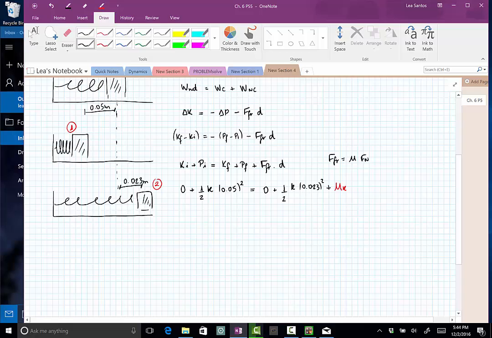In this problem, we are on a horizontal surface. There are no additional forces in the y direction. I know that Fn is just mg. So I have here mu mg, which is the friction force, and the displacement.